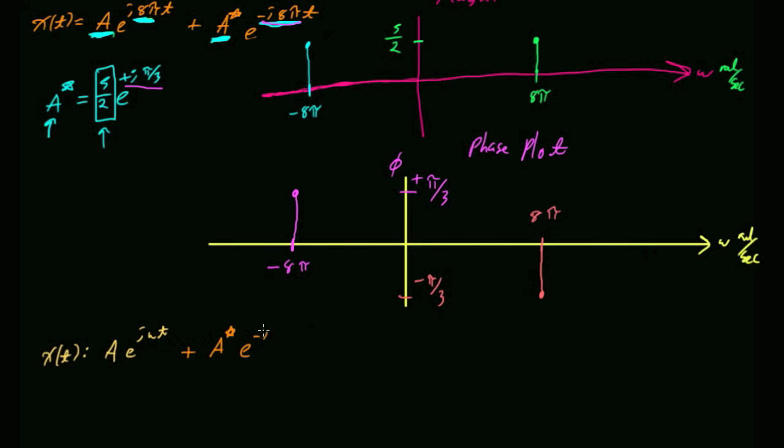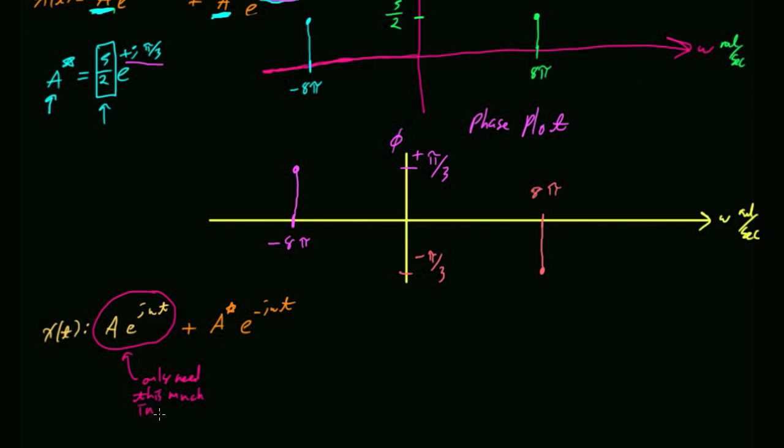So there's a compactness to this. I really only have to tell you this much, and then you can figure out for yourself that I had to have the other half as well, because you can't have one without the other. That's how cosines are built. So if I tell you this, this is assumed. And we'll see what the implications of that are in a minute.